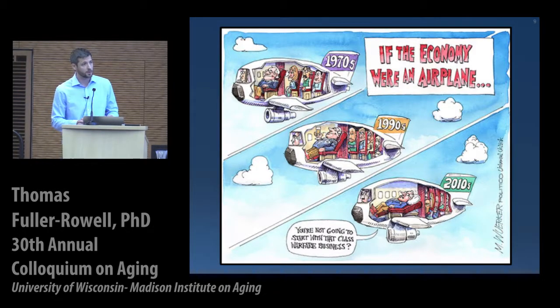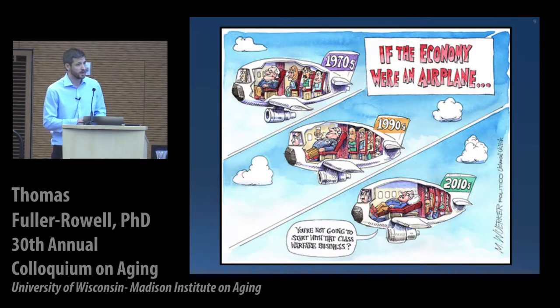Okay, so let's return to the original cartoon and consider how the picture maps onto the data we've just looked at. The fact that the front of the plane had increases in material affluence over time seems pretty consistent with the data. Regardless of whether we define the top as the top 20% or the top 1%, it's pretty clear that levels of material affluence among that group at the top have increased very substantially over the last several decades.